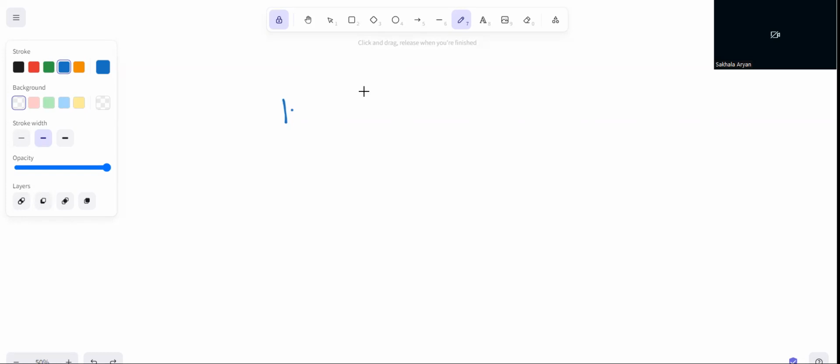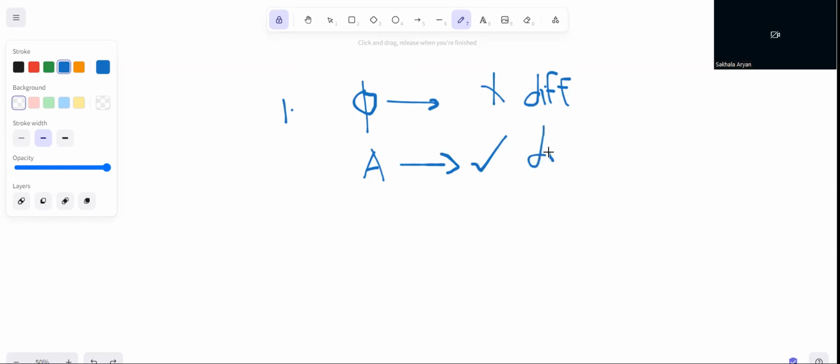Null hypothesis in t-test tells me that there is no difference. Alternative hypothesis tells me there is a significant difference, a difference which is quite visible.